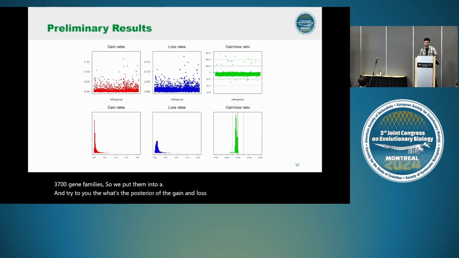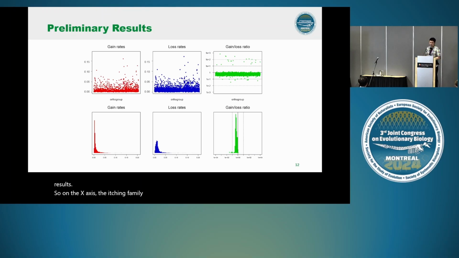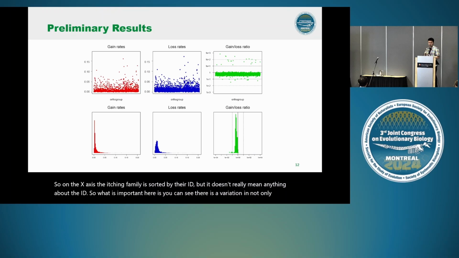Here are some preliminary results. On the x-axis, each gene family is sorted by their ID, but it doesn't really mean anything. What is important here is you can see there is a variation in not only gain rate, but also loss rate.